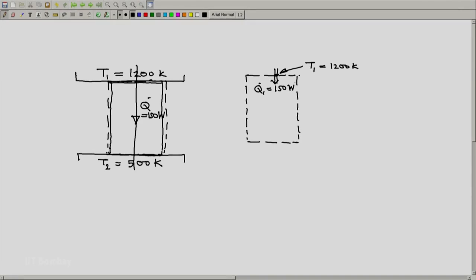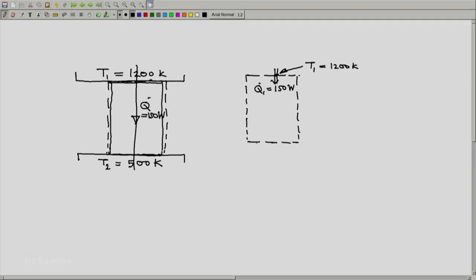So we are working here on a per unit time basis, so that instead of Q we have Q dot, and the units instead of joule are watt. Similarly, on this surface there is a Q dot 2, which is also 150 watt, and the temperature here, T2, is 500 Kelvin.